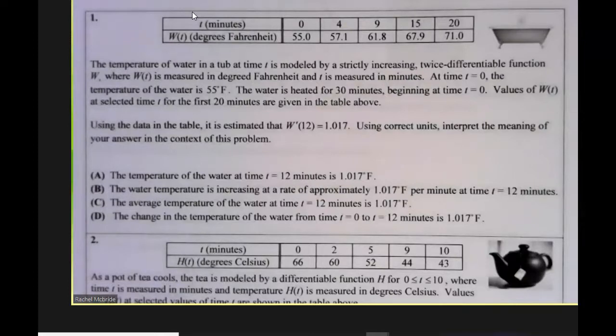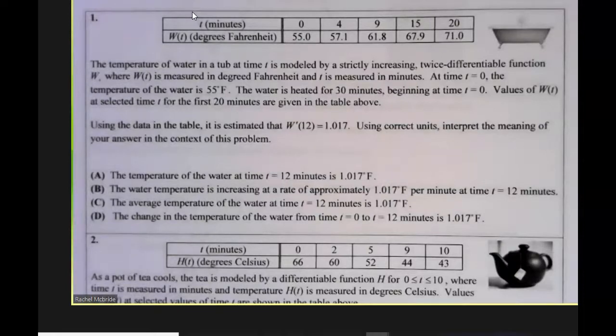At time t equals 0, the temperature of the water is 55 degrees. So that's our initial condition. The water is heated for 30 minutes, beginning at t equals 0. Values of W of t are selected in the table above for the first 20 minutes given.